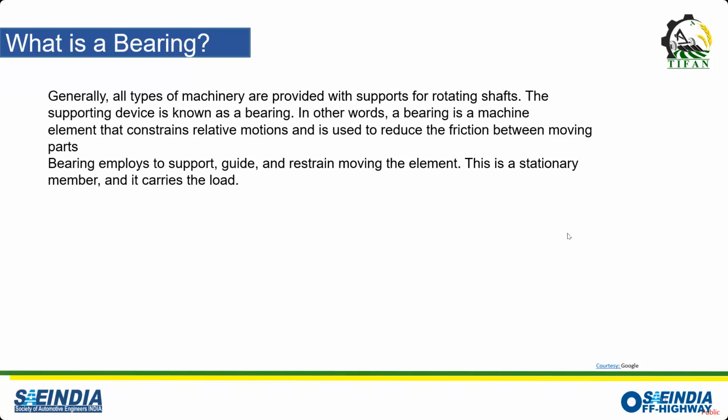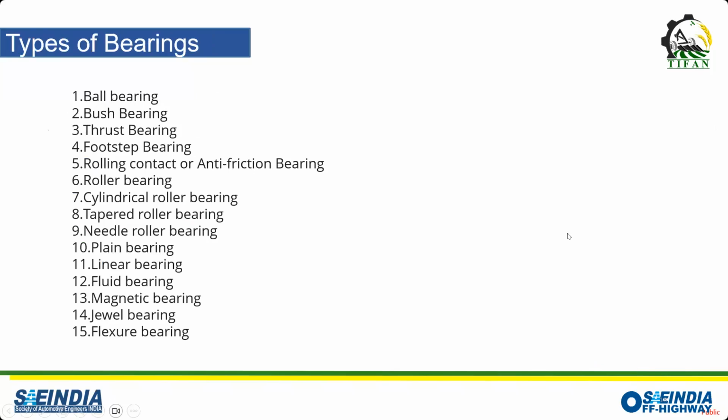Yeah, Dharmendra, go ahead, next. So there are a lot of bearing types. I have captured 15 of them here. I will not go into detail. The most important bearings are ball bearing, roller bearing, taper roller bearing, needle roller bearings, right? Those are some of the most widely used bearings. Unless you have some specific usage, then you can go for the other bearings mentioned here.